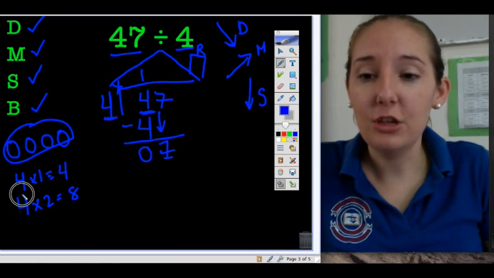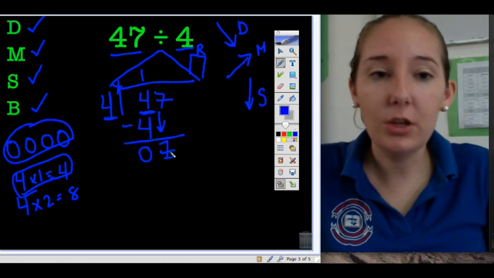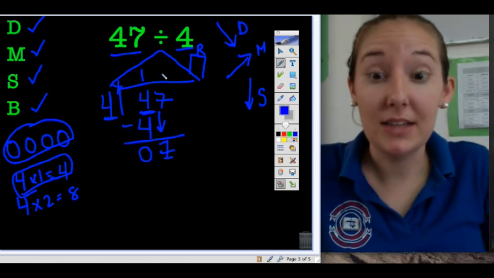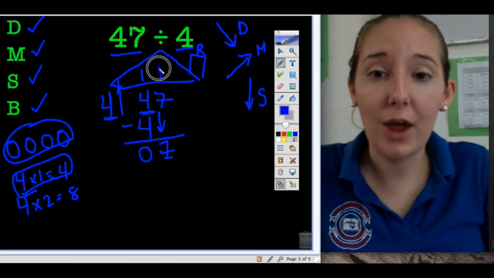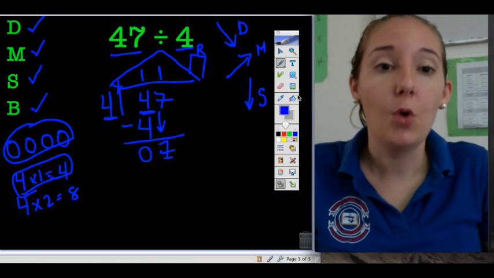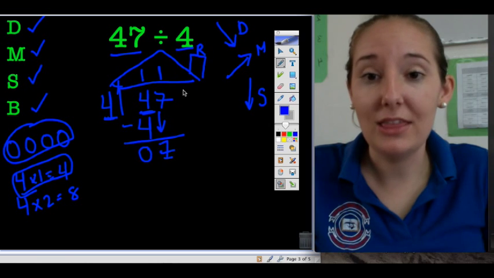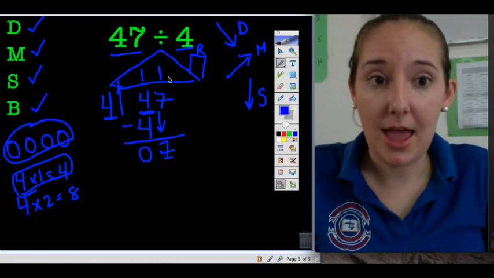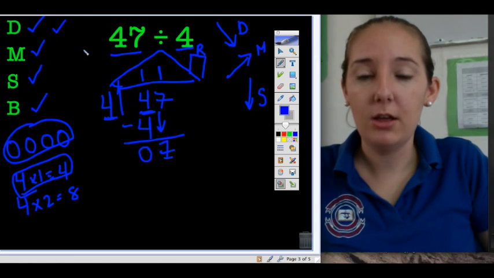So we're going to have to use this first fact here. 4 can only go into 7 one time. We can only make one group of 4 when we have 7. So we're gonna write the answer to our division problem right up here in the attic, like we always do. So we divided, check.